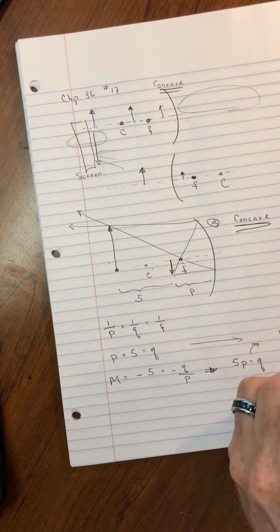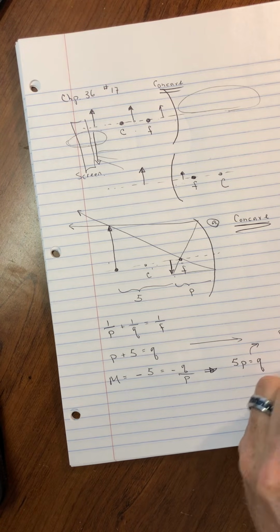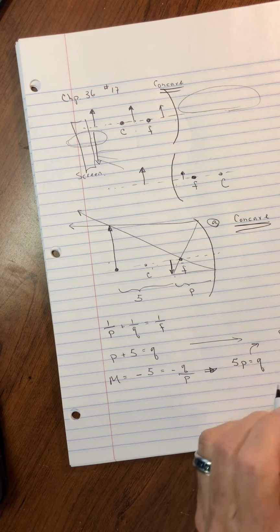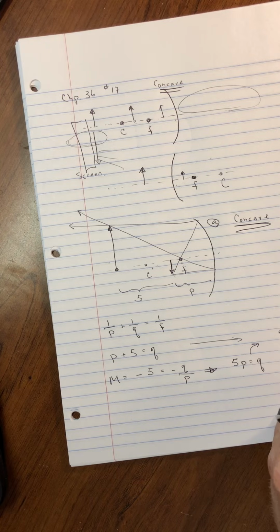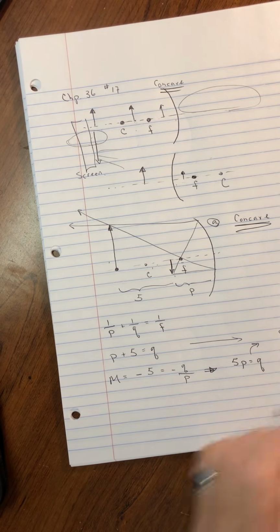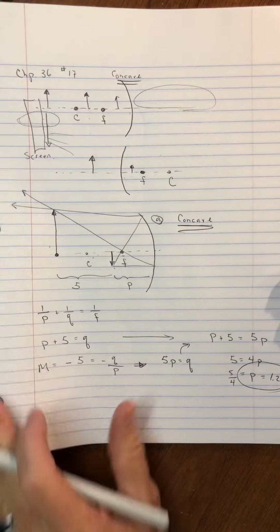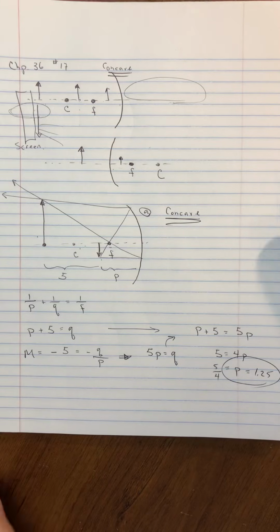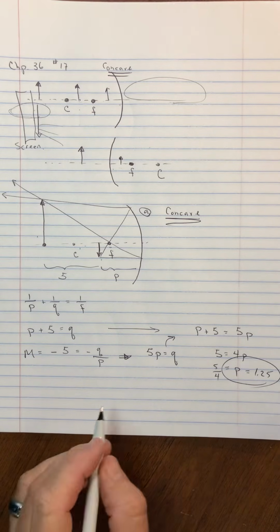And so if we bring that over to here, we've got 4P, or we've got P equaling 5 over 4, which is 1 1/4. So there's the, whoops, got it kind of off the screen there. Let me scoot it back over there. All right, so there's the value of P.